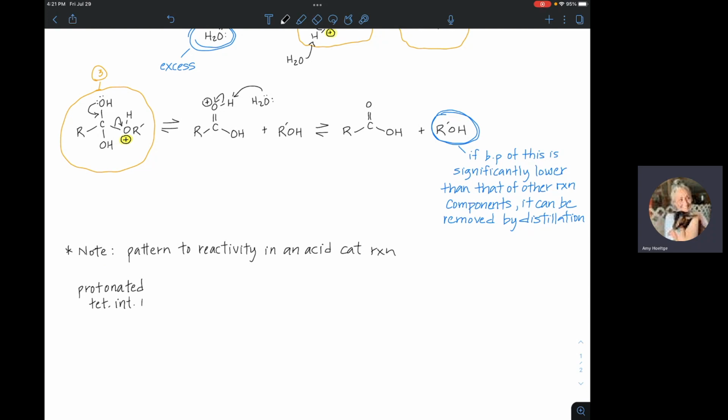Number 1, it will be in equilibrium with the non-protonated or the neutral tetrahedral intermediate number 2, which will be in equilibrium with the protonated tetrahedral intermediate number 3.